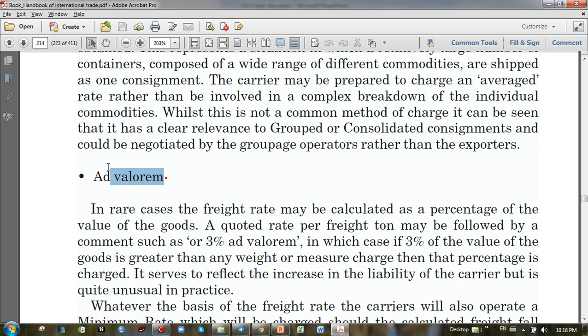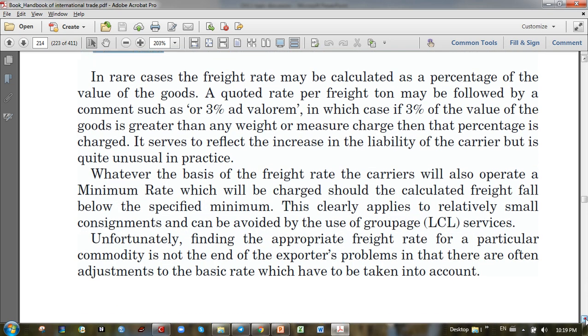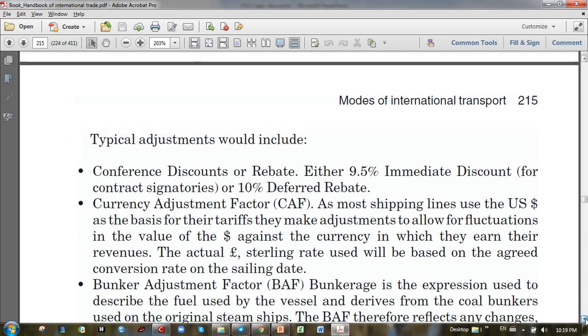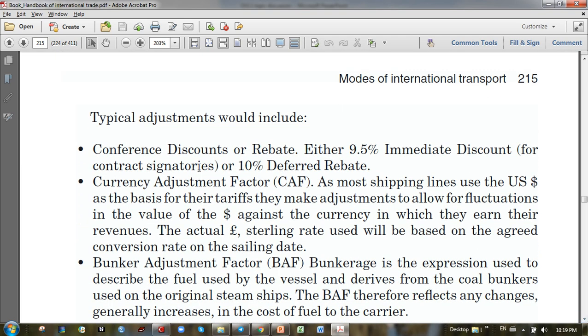Maybe the presenter will tell me clearly. It's very important for exporter and importer. Then conference discount rebate, and currency adjustment factor, bunker adjustment factor.